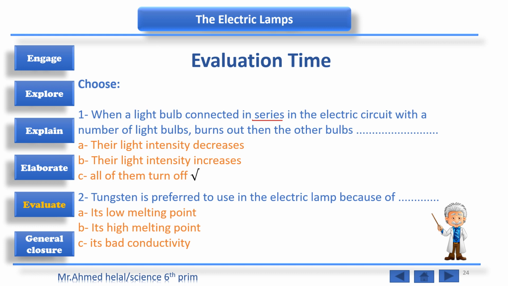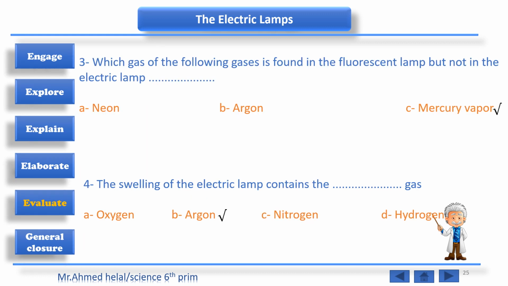Tungsten is preferred to use in the electric lamp because of its high melting point. Which of the following gases is found in the fluorescent lamp but not in the electric lamp?